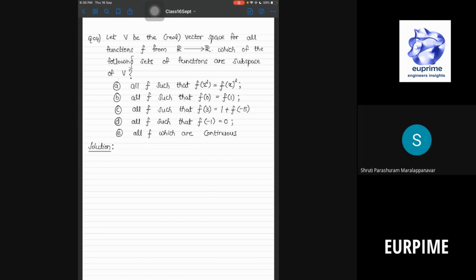B is the set of functions such that f of 0 is equal to f of 1. C is the set of functions such that f of 3 is equal to 1 plus f of minus 5. D is the set of functions such that f of minus 1 is equal to 0, and E is the set of functions which are continuous. So we will wait for 5 minutes and then we can look into the solution.